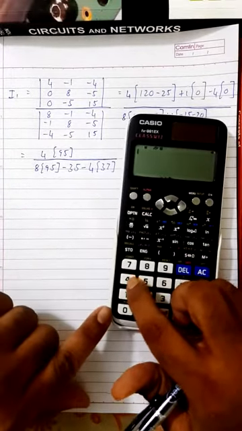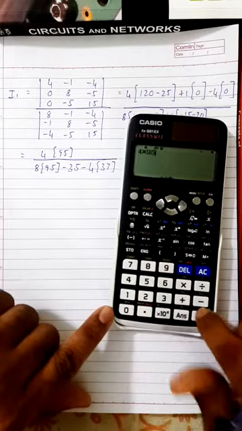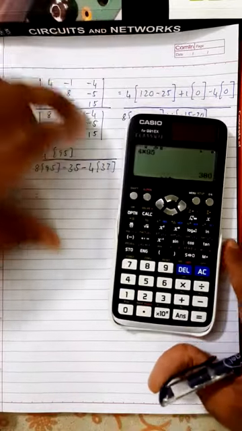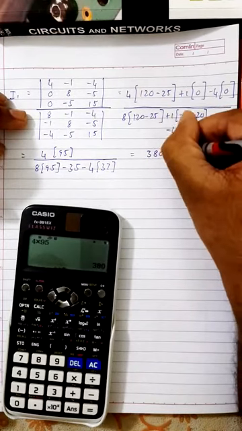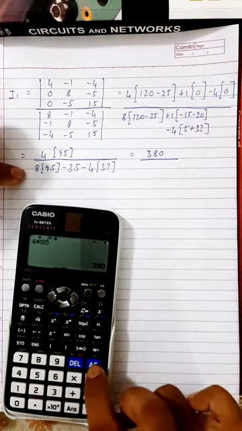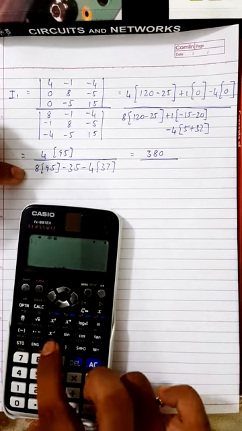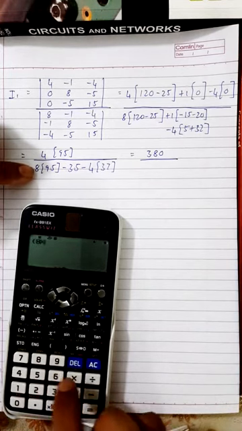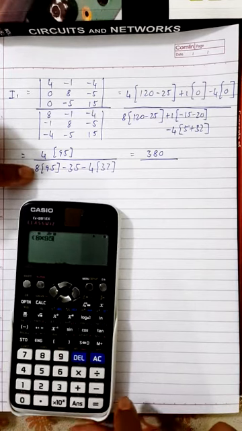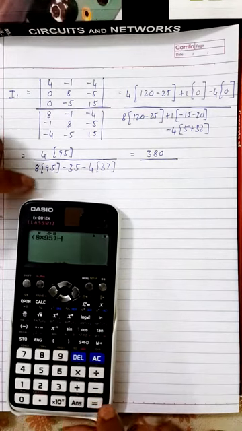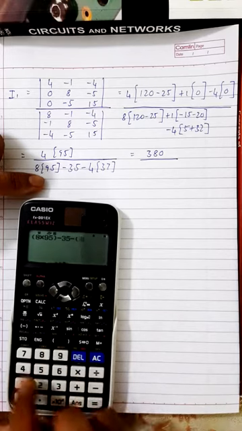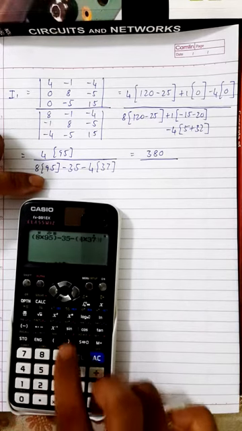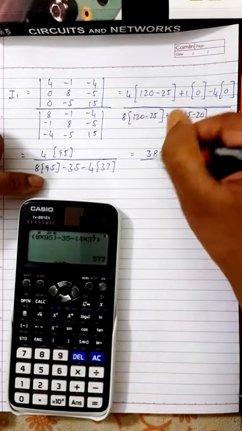So numerator is 4 into 95, which is 380, by the denominator, 8 into 95 minus 35 minus 4 into 37, and we have 577.